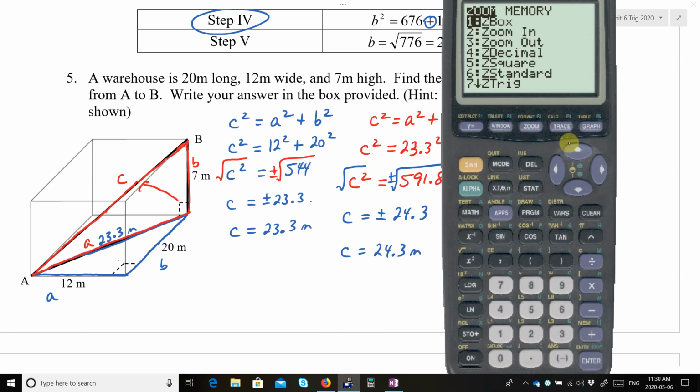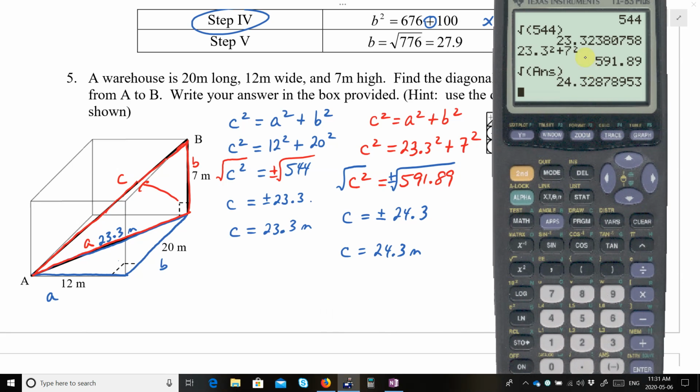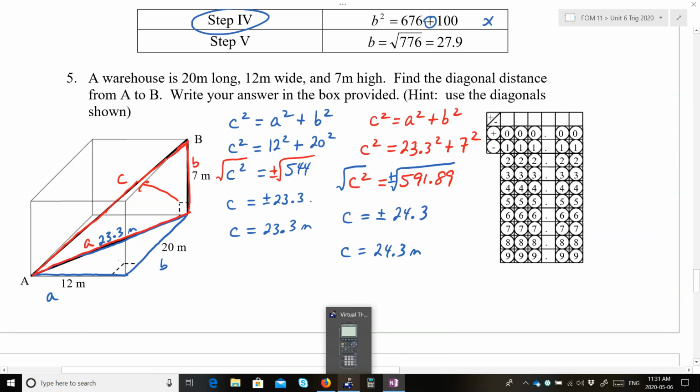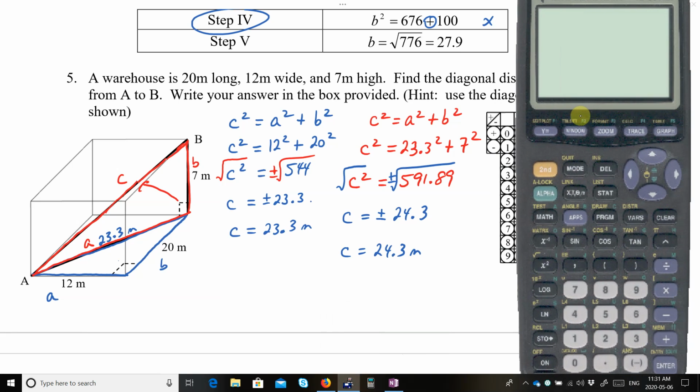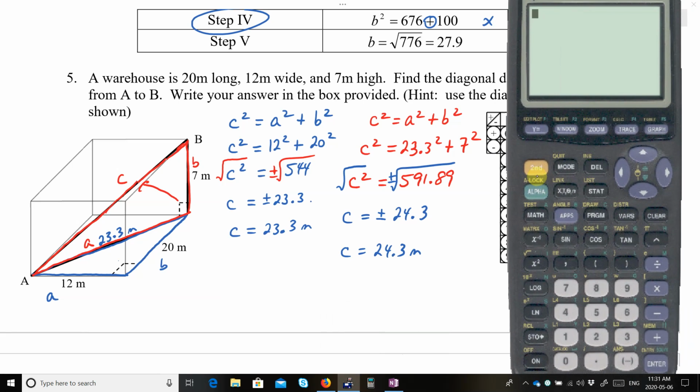So I wonder if maybe they just didn't round that first value, 23.3, and kept more decimal places. The 23.3 came from the square root of 544.